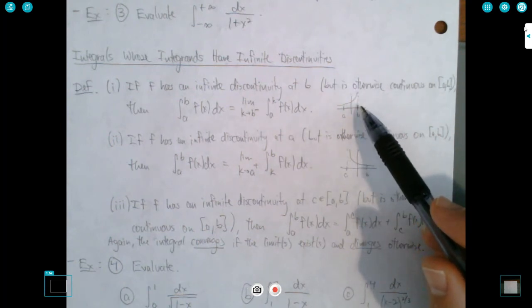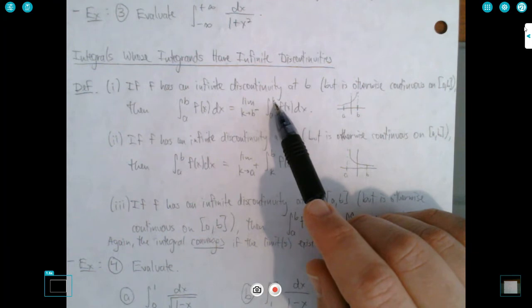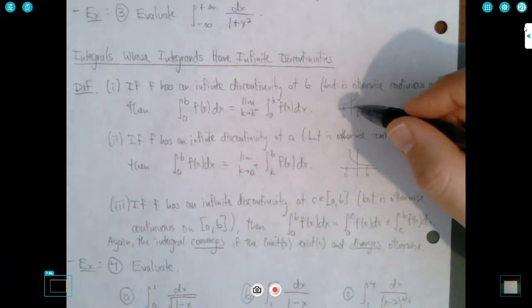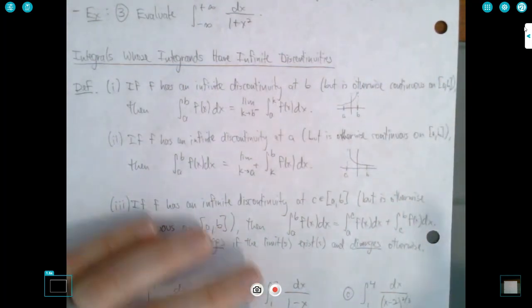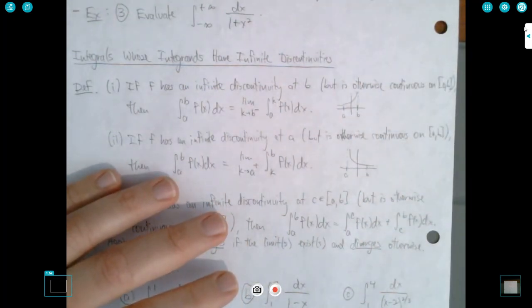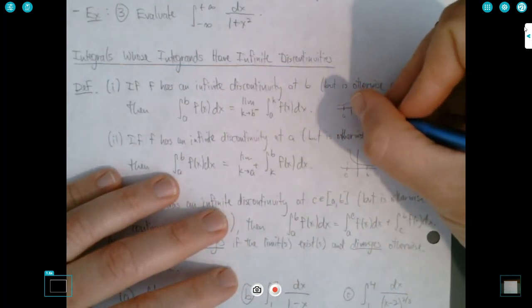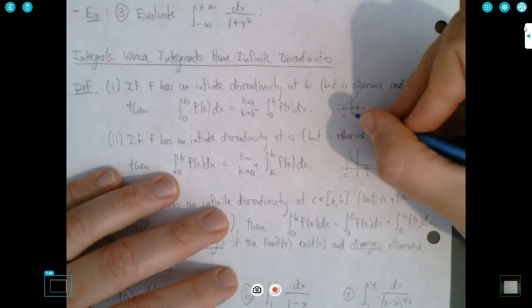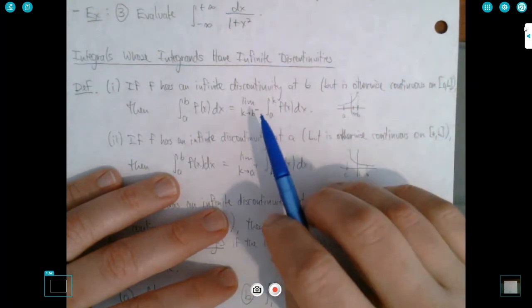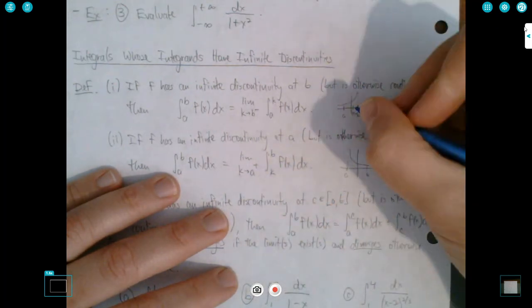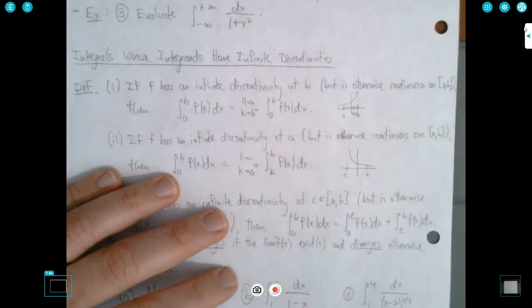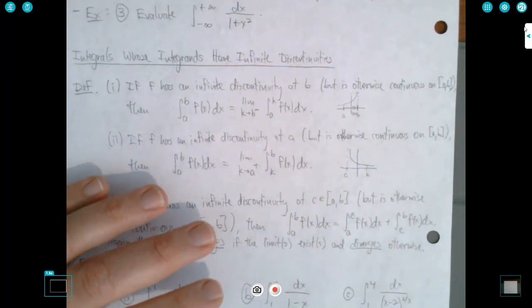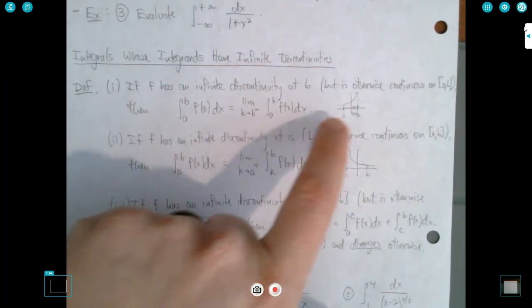Now, this from the left business might have you scratching your head a little bit. Basically, we're saying it has a vertical asymptote at the endpoint b. That's the situation, and you get a picture that looks kind of like this. You're going to let b be some number k, but then you're going to let k approach b. So maybe k is right here, and you let k approach b from the left-hand side. k is going to get closer and closer to b from the left-hand side, and that should yield the same result.